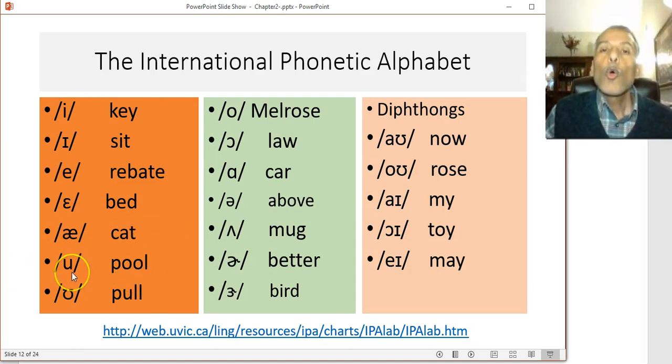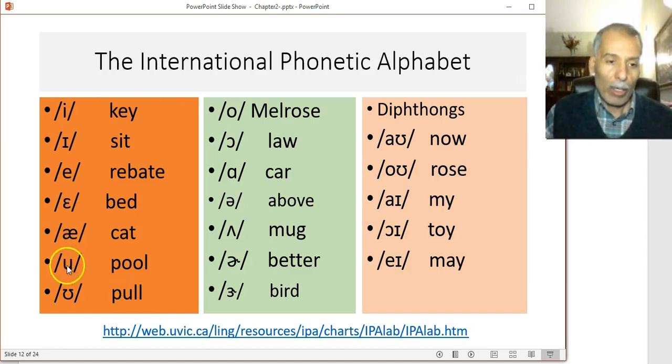Okay. That is oo, as in pool. So that's the long form of this. This one is the short oo. If you say pool and you do not do it right, and you use this symbol, it is not going to be pool. It will be pull. So that one with these 2 little marks on top is the long oo, pool.